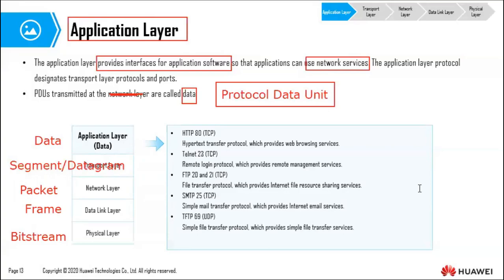It can be electrical signals, light signals. It's called a bit stream. Okay, so let's go back to the application layer. Some of the protocols.